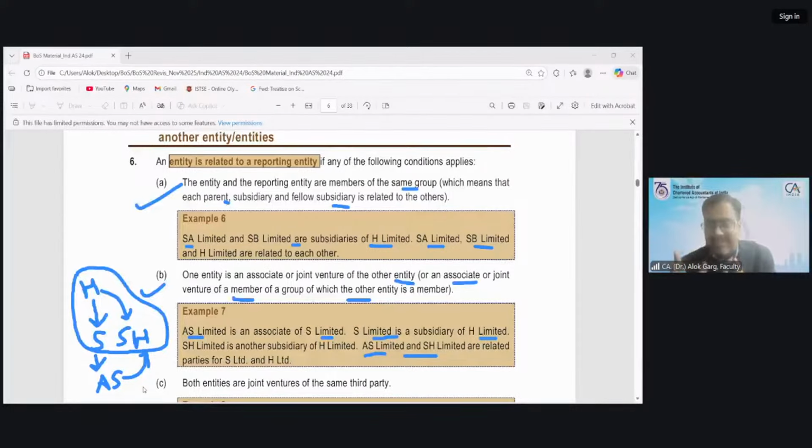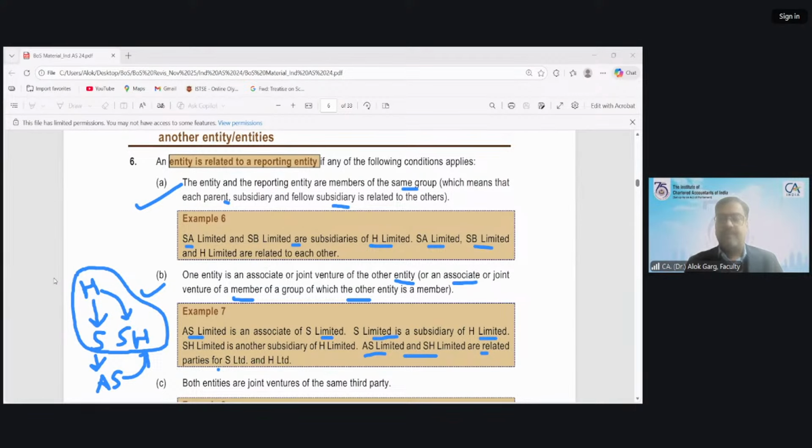Because for SH, this associate is an associate of a member of the group, right? So AS and SH Limited are related parties, and for S Limited and H Limited also, right?